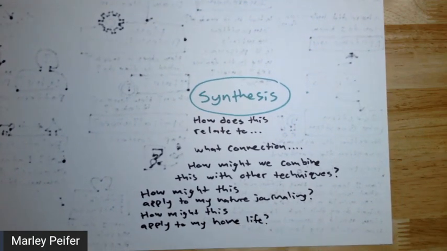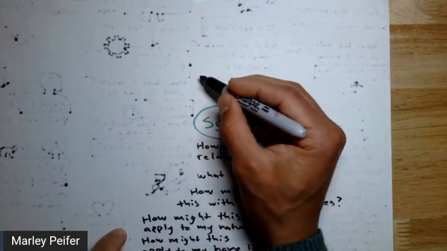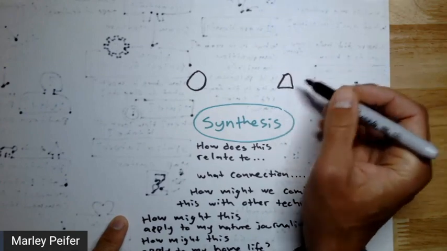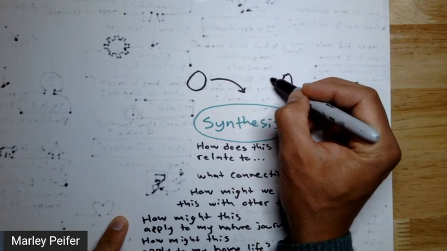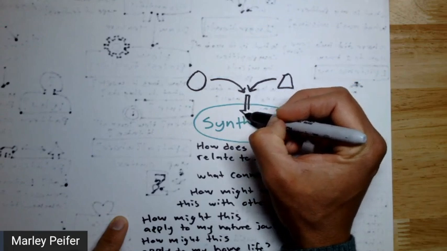So these are just examples of questions you can ask that synthesize. They're basically connecting circles and triangles, connecting them and combining them into something new and different.